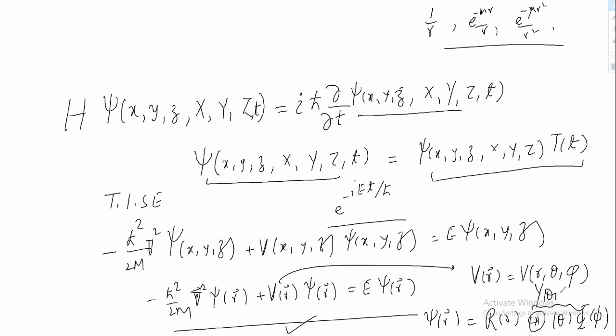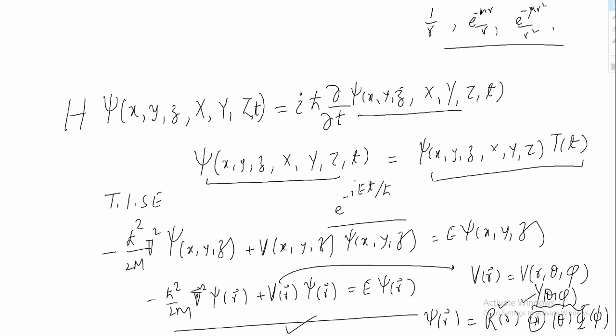And this theta phi generally we write as Y(theta, phi). When we separate it into R(r) and Y(theta, phi), I am only talking about a one body problem moving in a potential. And the potential, what I am telling you, is depending upon r, theta, and phi. If the potential is depending upon r, theta, and phi, then remember, you cannot use the method of separation of variables.